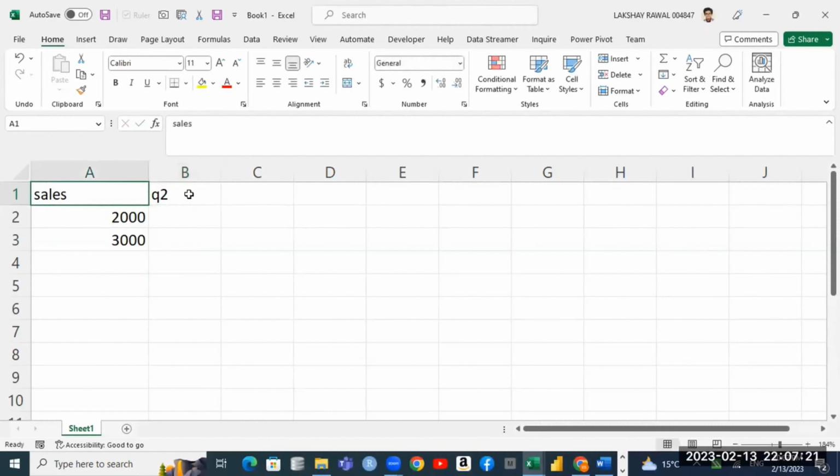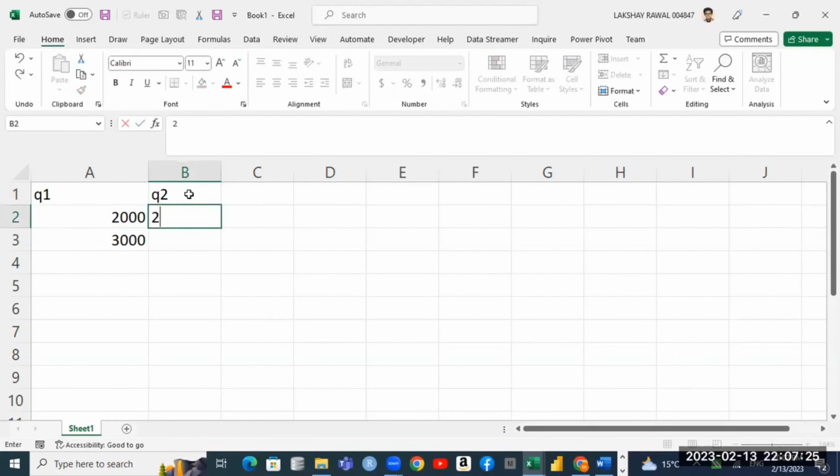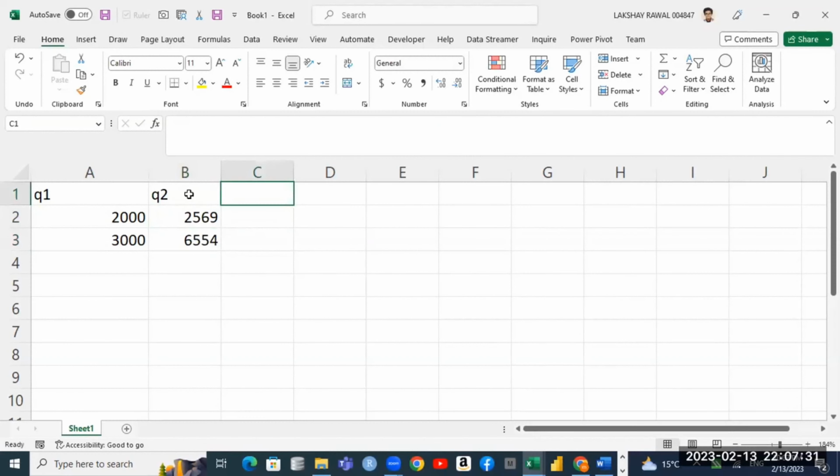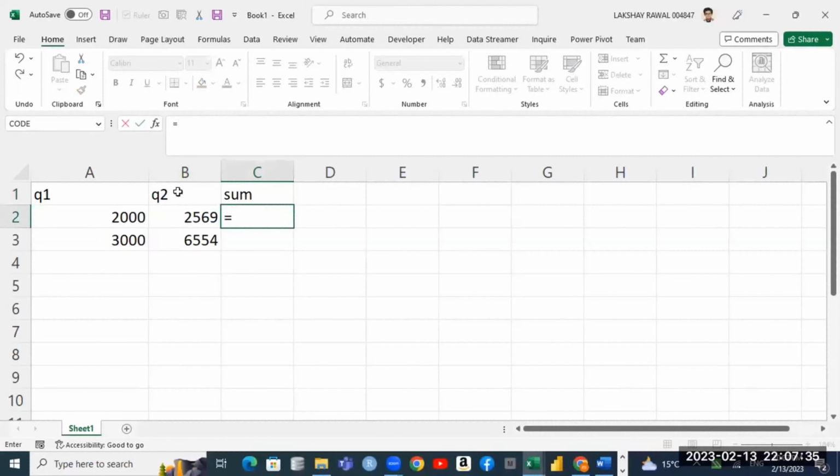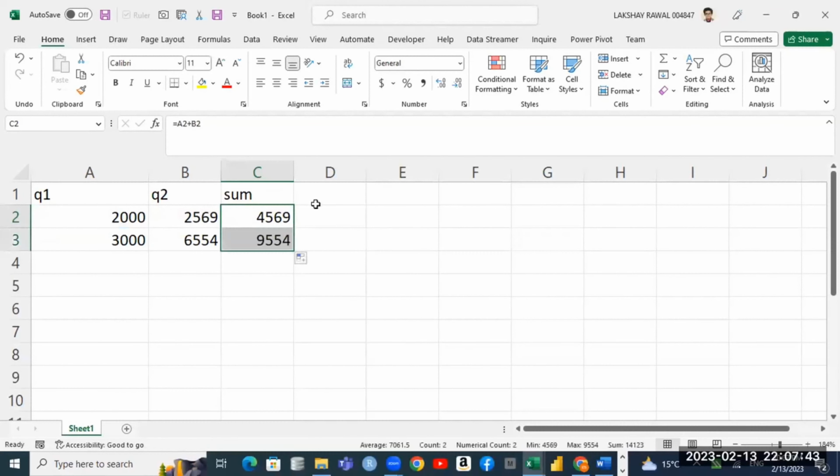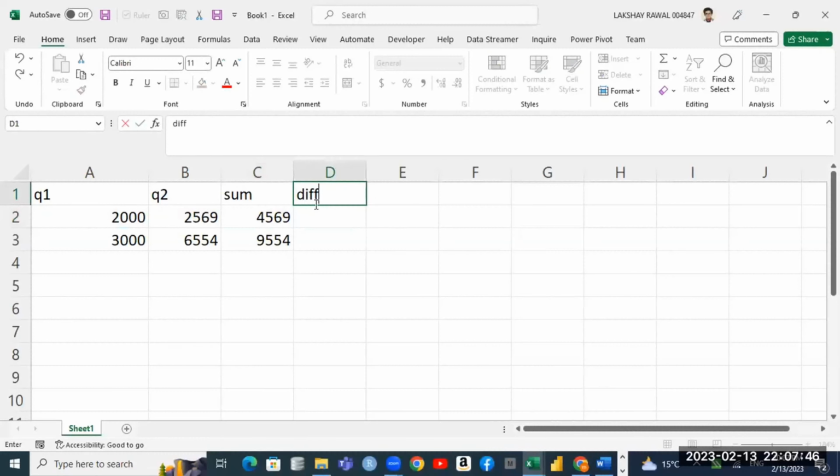This is quarter 2 sales, this is quarter 1 sales given. Suppose this is the data. Everybody understood that for doing a sum we use this formula? For plus, we use this as an operator. For difference, we have understood.